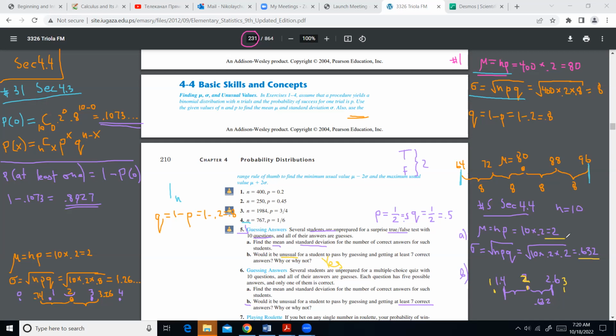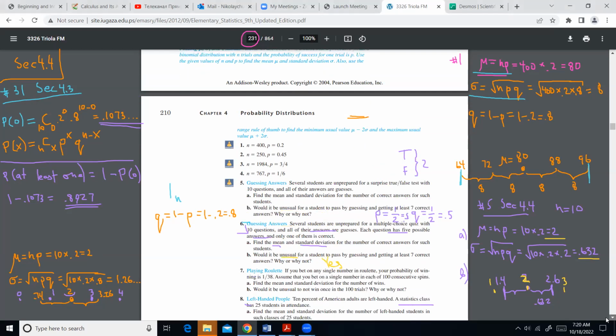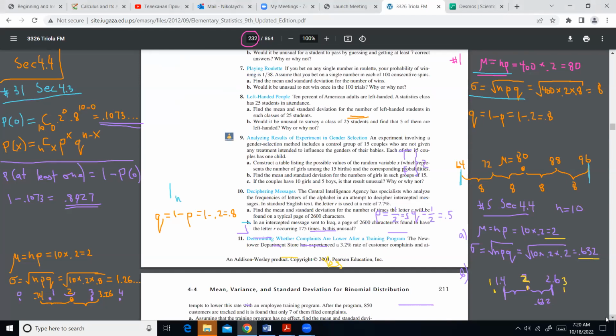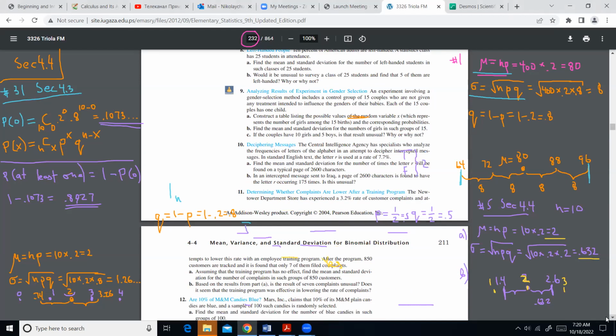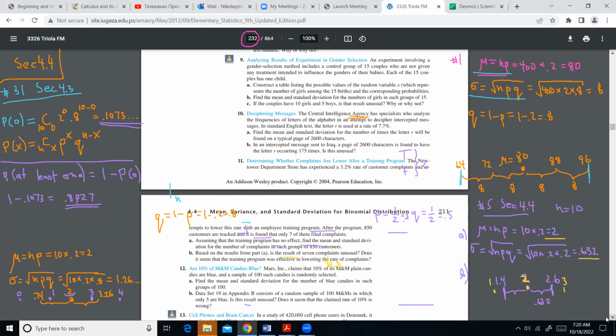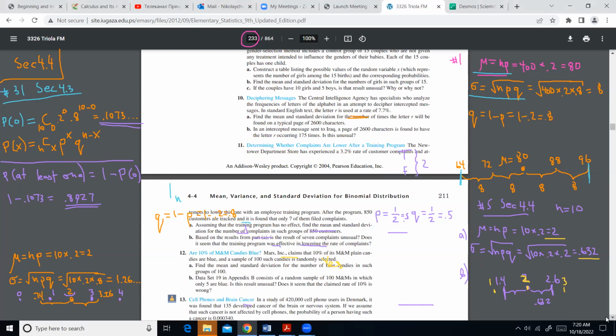And the good thing about using these formulas is that they're pretty compact. So I can try another exercise here, and then maybe you can try one. So let's say, how about problem number 12 that talks about M&M candies? Problem number 12.